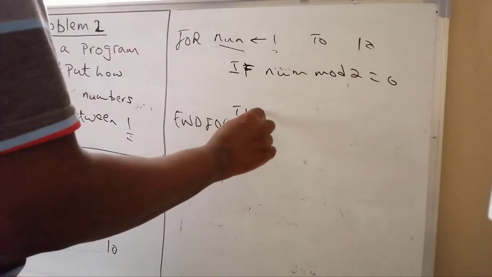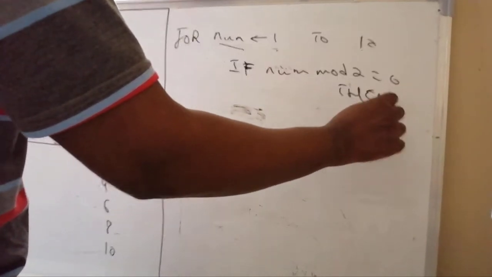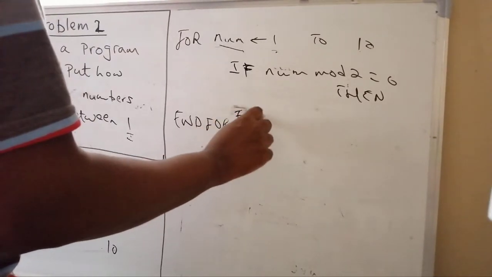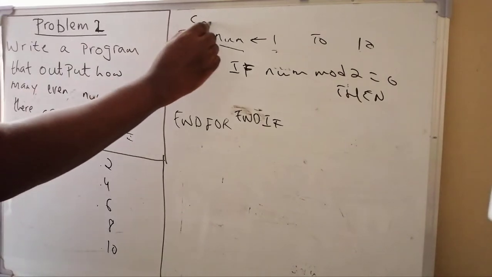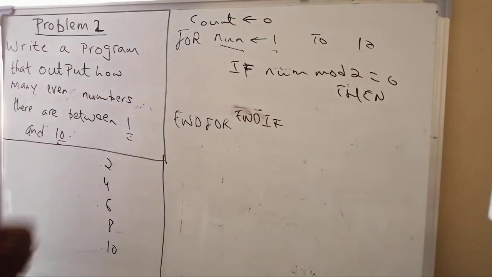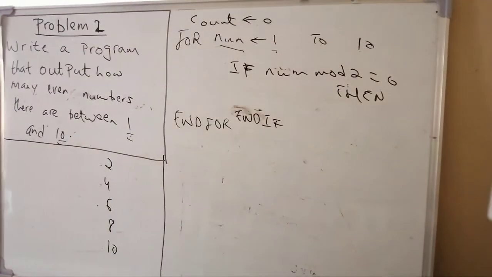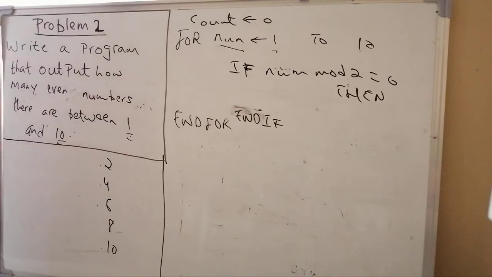Then do something with it. Then end if. Now, in order to output how many even numbers there are in this particular problem, we'll need to set a count variable. Here, you can name it count even, or you can name it count. I have not executed the program yet, so I start with count equal to 0.